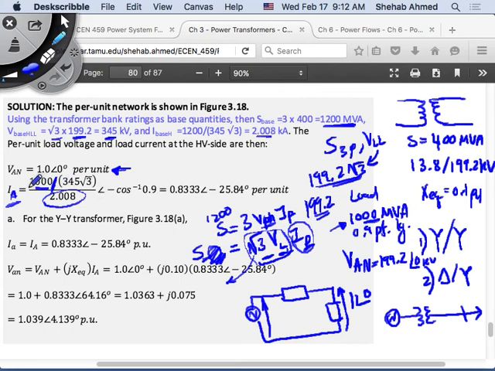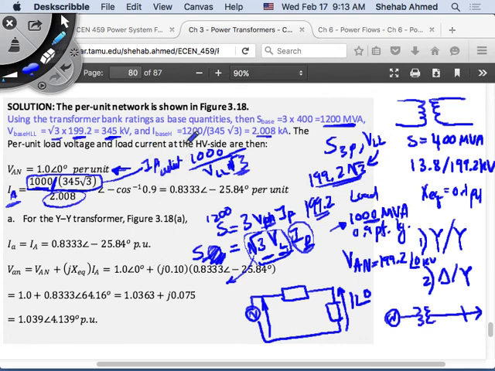So this is the actual current, right? 1000 divided by V line to line times square root of 3. What's my line-to-line voltage? It's 199.2 times square root of 3, which is 345. So 1000 divided by 345 multiplied by square root of 3. That's the actual current, this is IA actual.